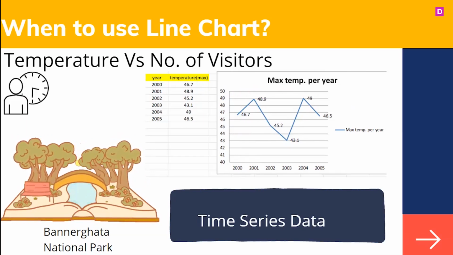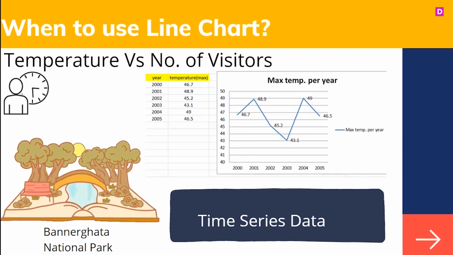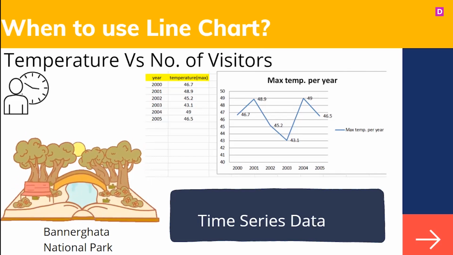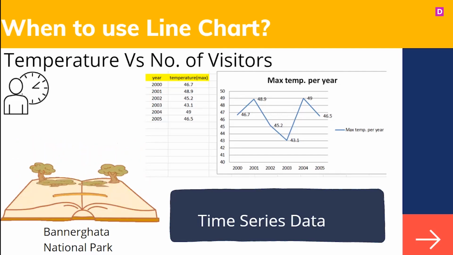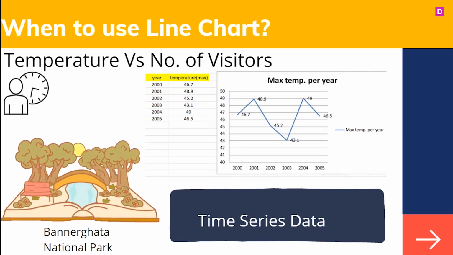The next very important point that we need to understand is how do I represent or draw this chart using Tableau? In case we have continuous data and we want to represent that through a chart, the ideal choice is a line chart.